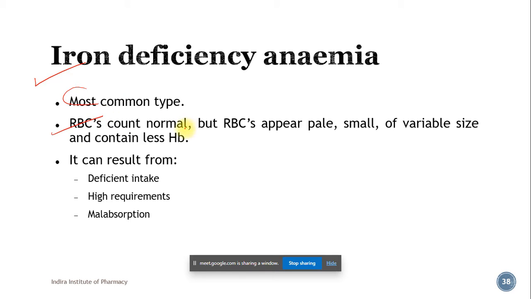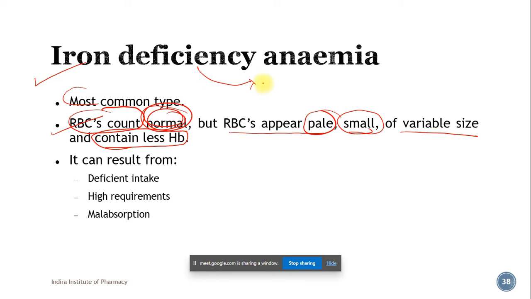So RBC count is normal, this is important. RBC count is normal. Okay, but RBCs appear pale, small, of variable size, and contain less Hb. So this is important. Iron deficiency anemia is associated with less Hb in RBC.